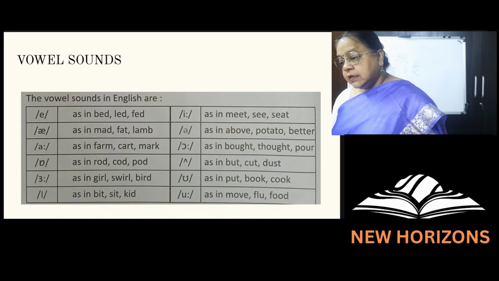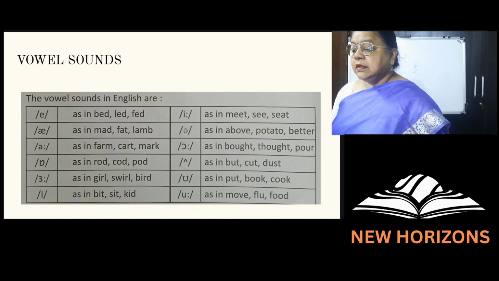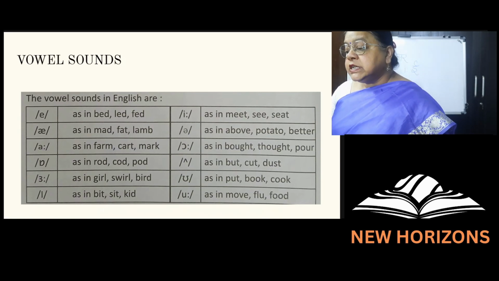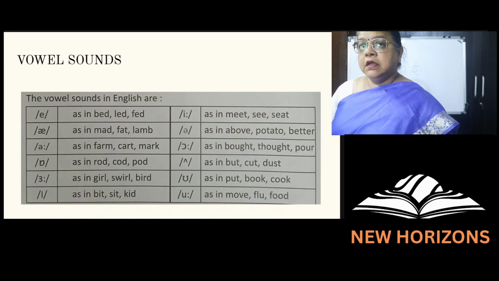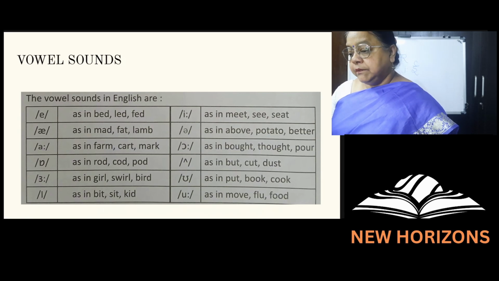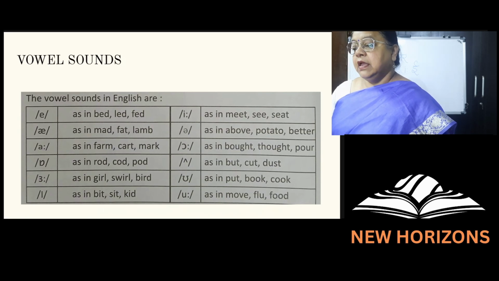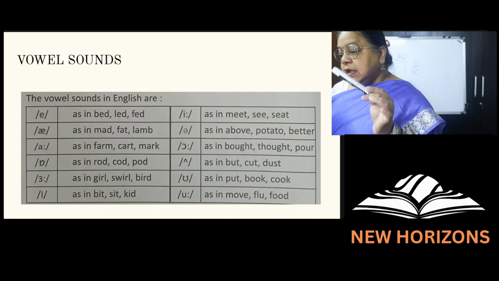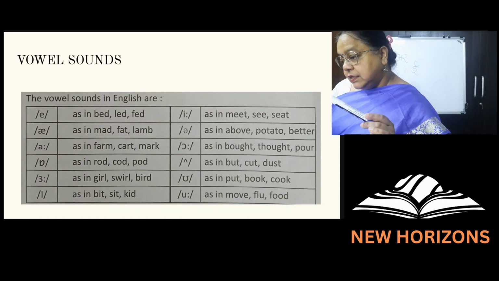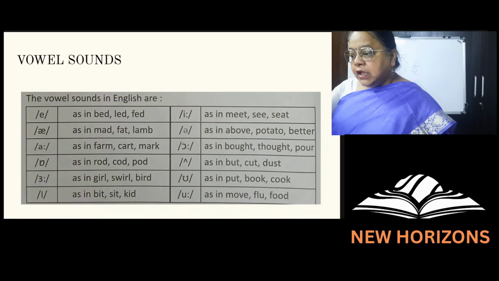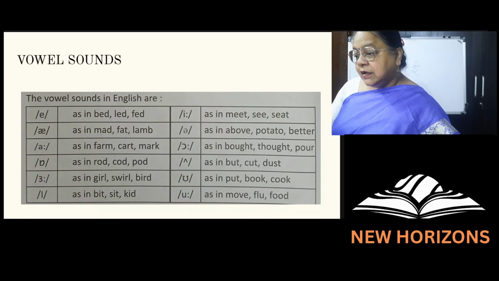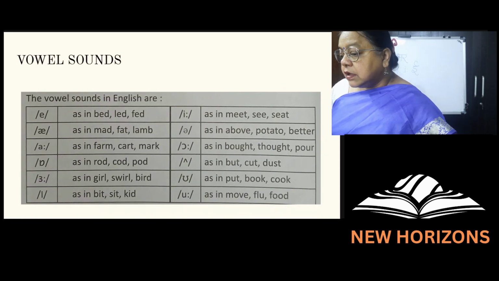Okay. The next one is an inverted small v. The sound is uh: but, cut, dust. Next, doesn't it look like a ghada in Hindi? Isn't it? A simple drawing of a ghada. Ma'am, upside down omega.